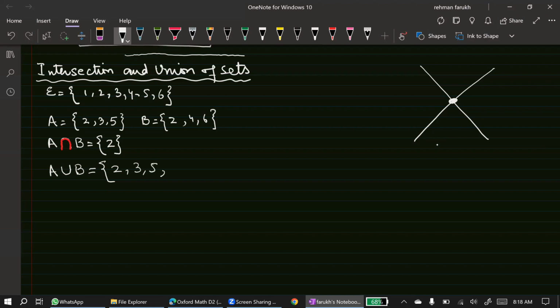Now we will write down the elements of B. Can we write 2 again? No, because the definition of a set is that there should be no repetition of the elements. The elements should be distinct and well defined. So this one is the union of the two sets. And this one is the sign used to represent union.